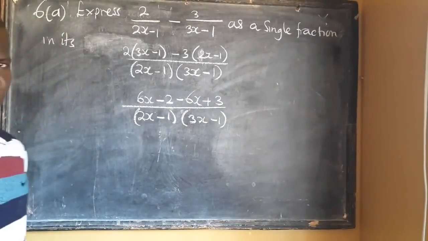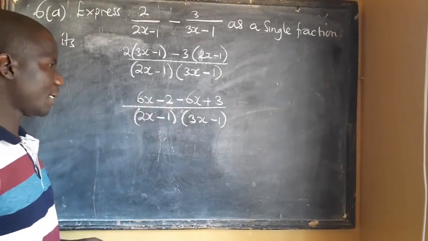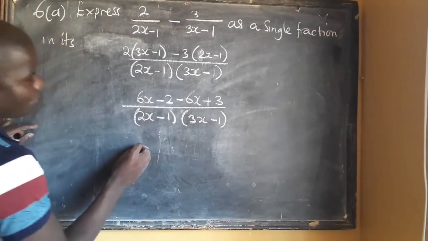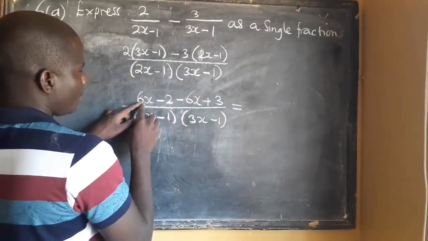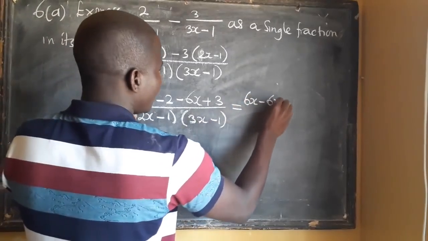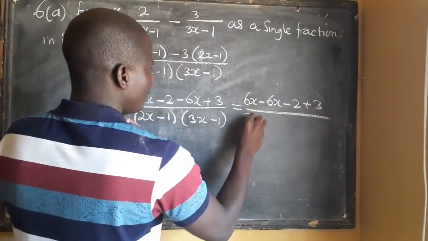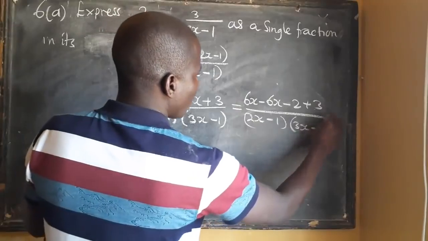Alright? So from this point now we need to simplify the numerator. So we have 2, we have 6x minus 6x minus 2 plus 3 over 2x minus 1, 3x minus 1.